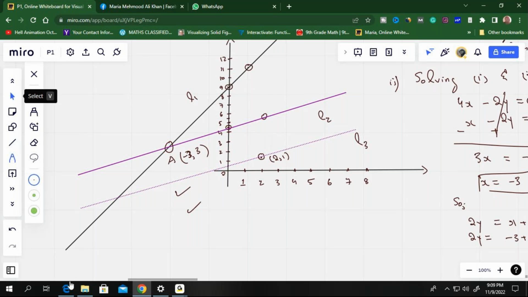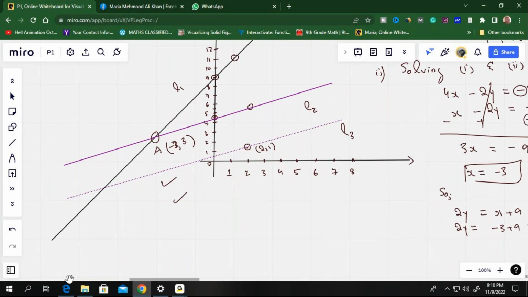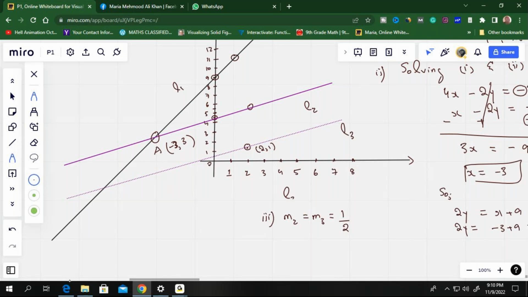So what is the slope of my L2? The slope of my L2 was half, right? So it means the slope of this L3 is also half. I'm doing part 3. So M2 equals M3, which is half, because L2 is parallel to L3. I can use my point slope form. The given point is 2, 1, so this is x1, this is y1.